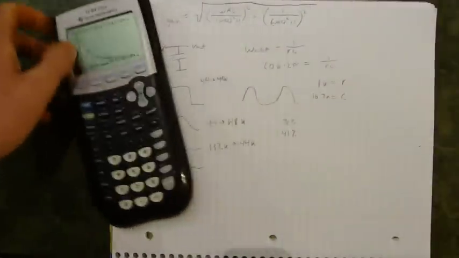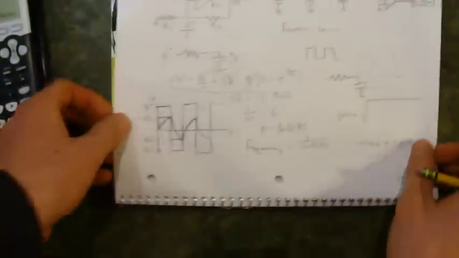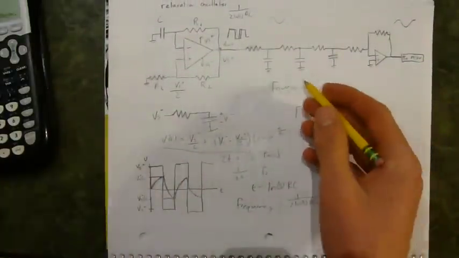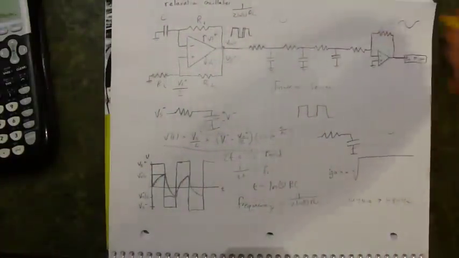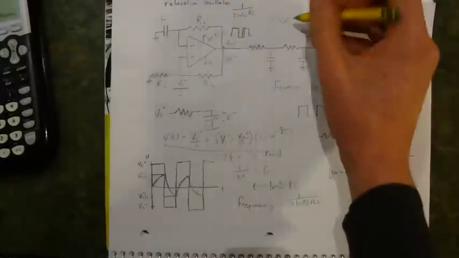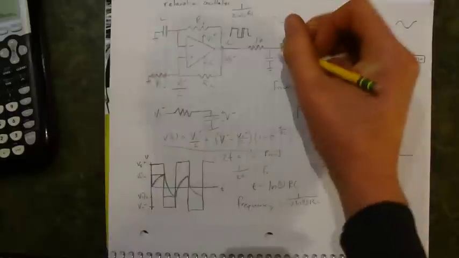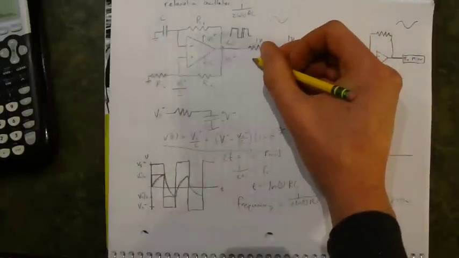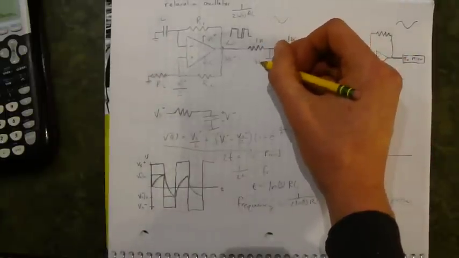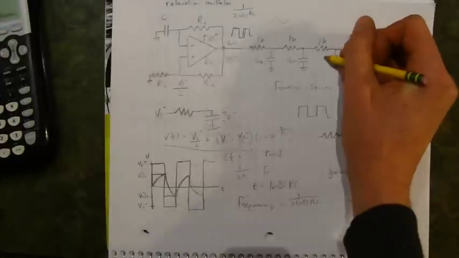Now, this will give somewhat of a sinusoidal function, but I prefer to filter this 3 more times, as we do in the generator, and that'll give us a much more sinusoidal waveform. So let's put in 1K for all of these resistors, and this is 16 nanofarads for all of these.